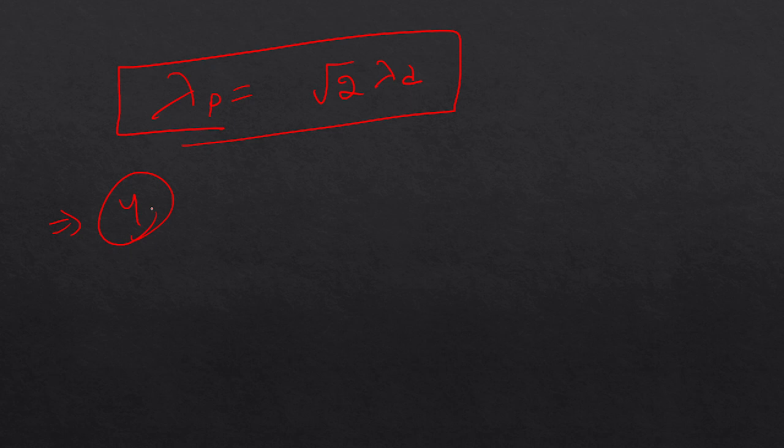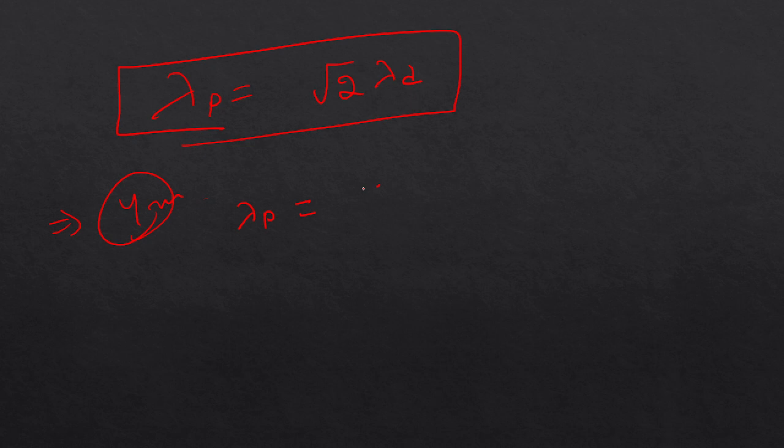Let's suppose the wavelength of the deuteron is 4 meters. I'm not saying it's exact, it's just an example. Then the wavelength of the proton will be under root 2 multiplied by 4, so this will be 4 under root 2.